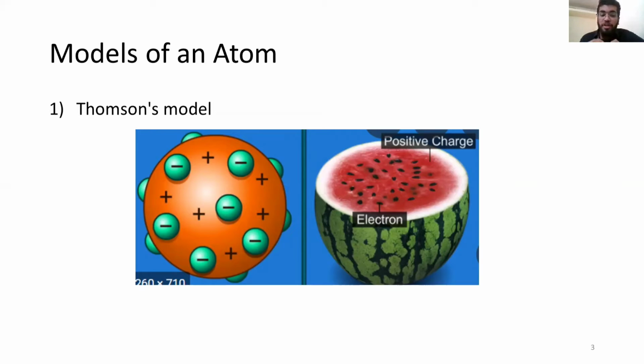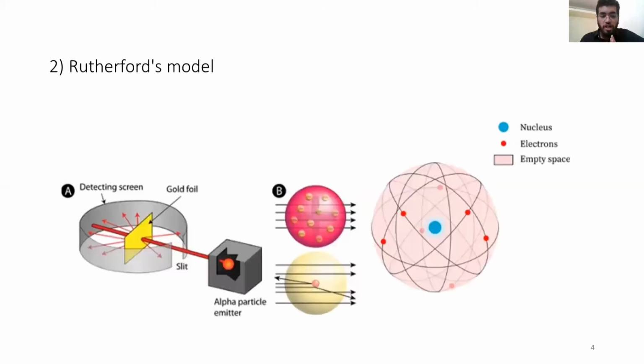Then comes Rutherford with his experimental model of atom. According to Rutherford, he conducted an experiment with alpha particles that fall onto a thin gold foil, as you see in this picture. He observed that most of the alpha particles pass through the gold foil and some deflect at small angles.